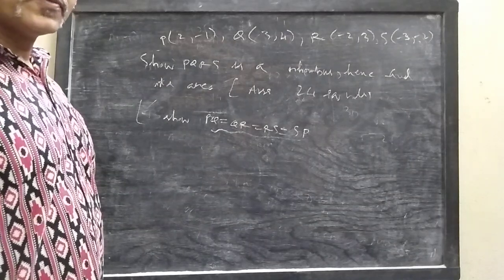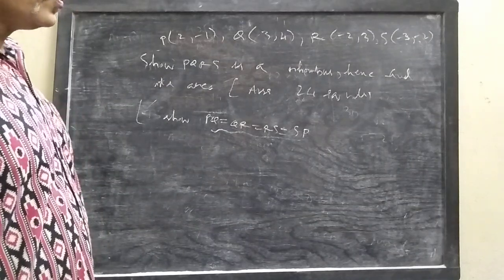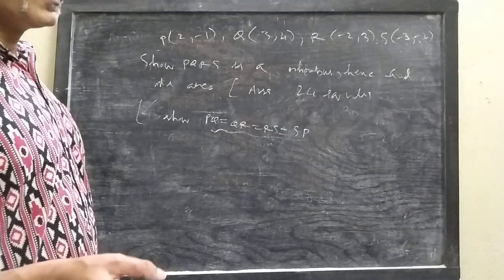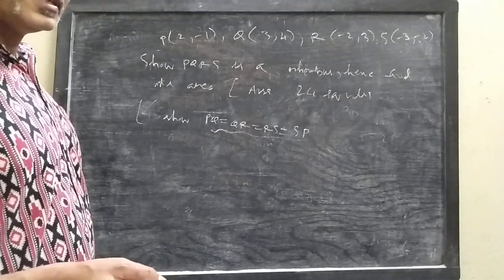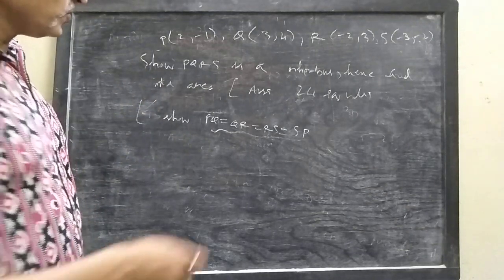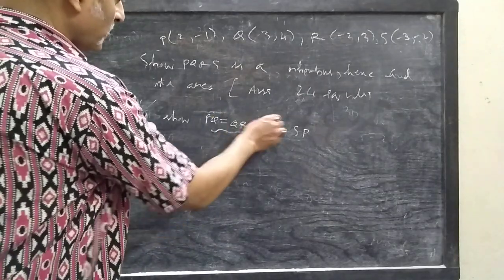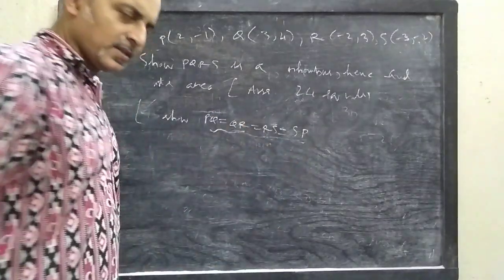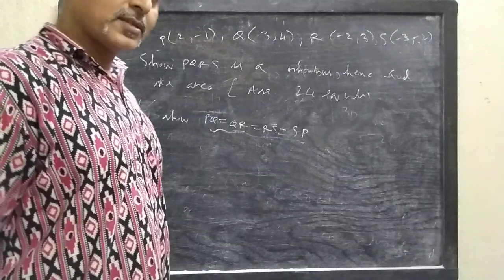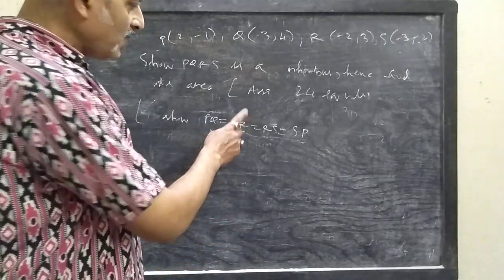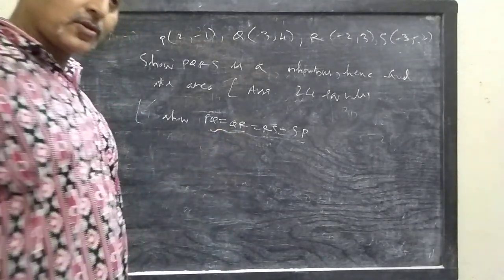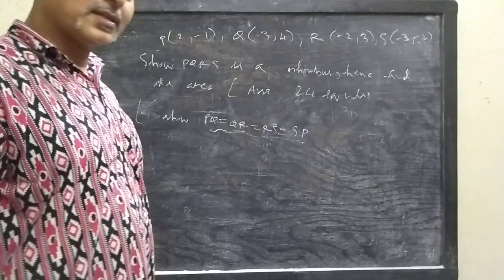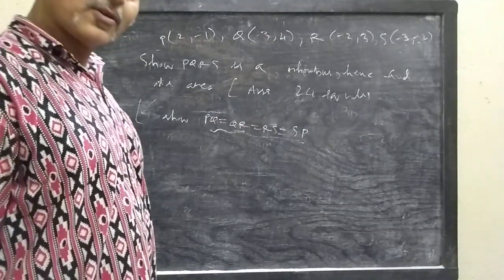What is the definition of a rhombus? We know if adjacent sides of a parallelogram are of equal length, then it is a rhombus. Now, opposite sides are equal, that is PQ equals RS, QR equals SP. This justifies that PQRS is a parallelogram. Then for any pair of adjacent sides, PQ equals QR. So this justifies that PQRS is a rhombus.